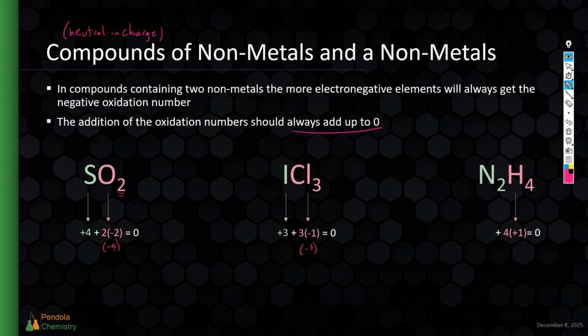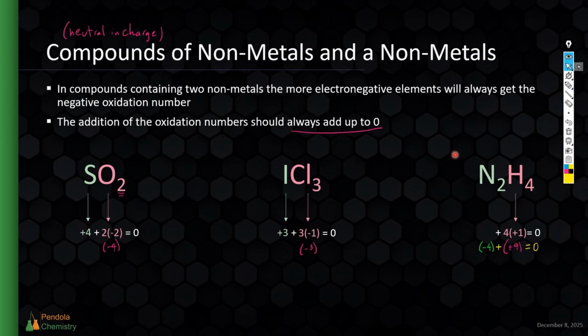But again, that means that this +1 times 4, which is only +4 in total, needs to be cancelled out by the oxidation numbers for nitrogen. Meaning that in total, the oxidation numbers for nitrogen should add up to -4. Because -4 plus +4 gives us that 0 that we're looking for.